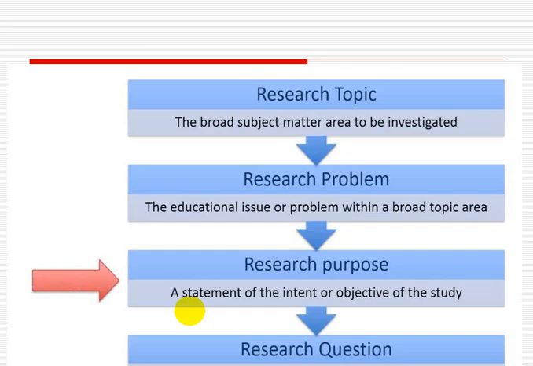All right. Here is the outline of your research project. The first one, you have to identify your research topic. What is your research topic? It can be a broad subject matter area to investigate. For example, if you are working in the education field, you have to look at the research topic at low level or high level education.